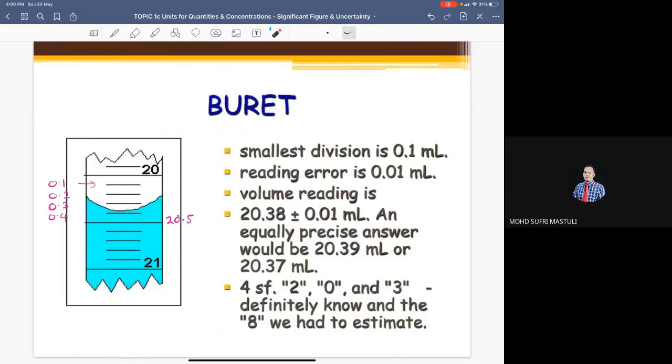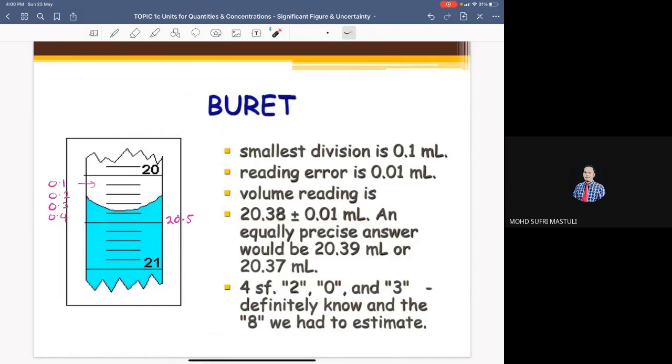So here the reading error is 0.01. So the volume reading is about 20.38, plus minus 0.01 ml.